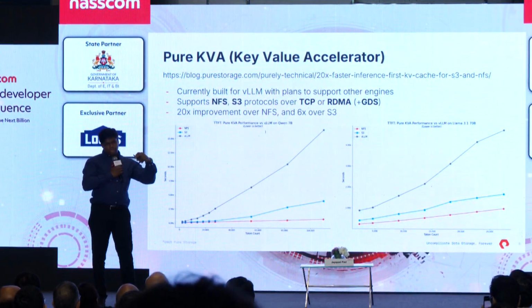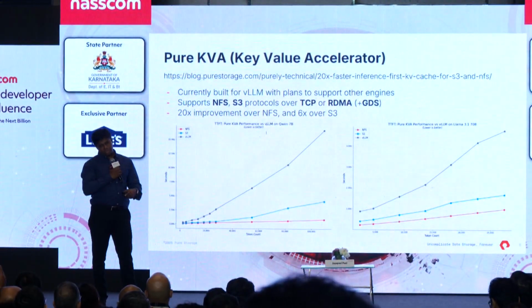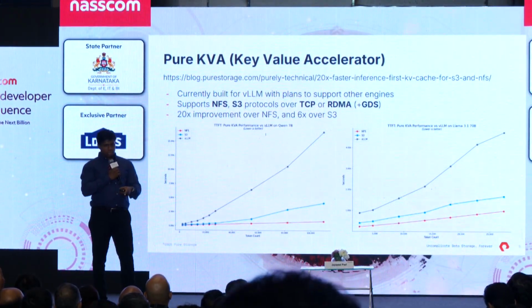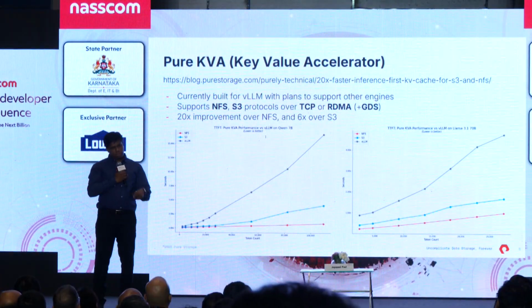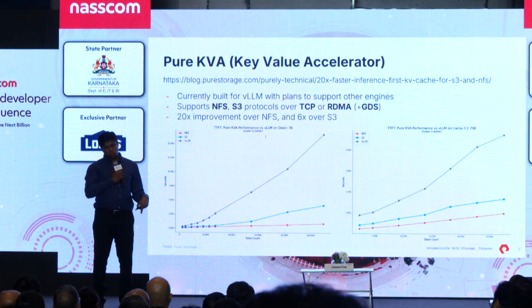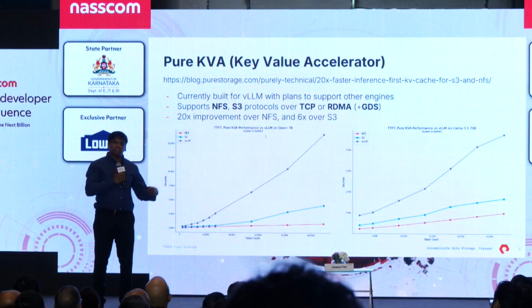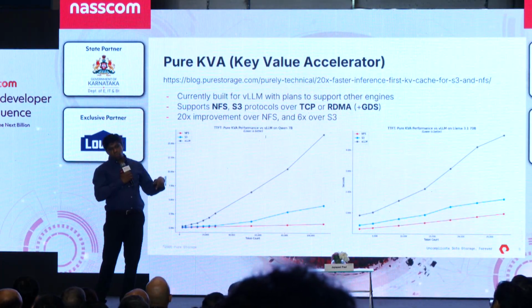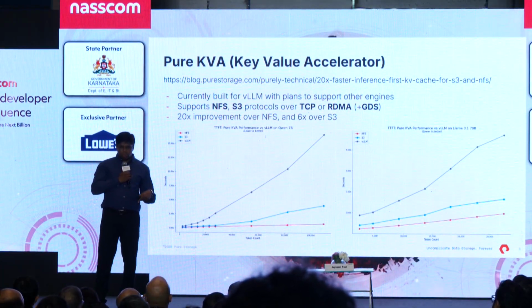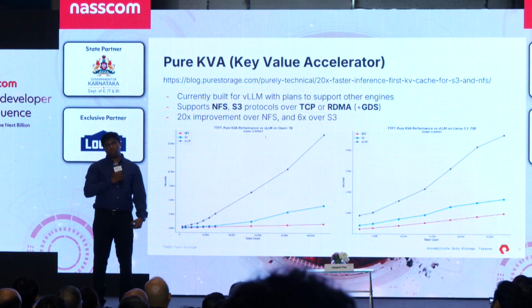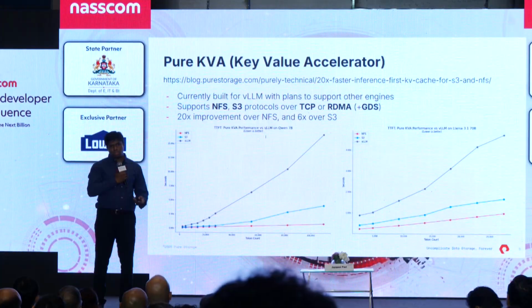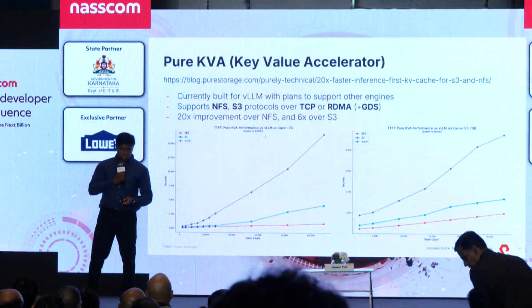The first token that comes up, that's the time measurement that we compare with, and you can see that it keeps going without a KV cache. With our KV cache, with our NFS and S3 storage, you can see that it is as good as in-memory, as good as GPU memory itself. We have done a lot of optimizations around it, and with this we can support longer and longer context at a cheaper cost on a cheaper machine as well.